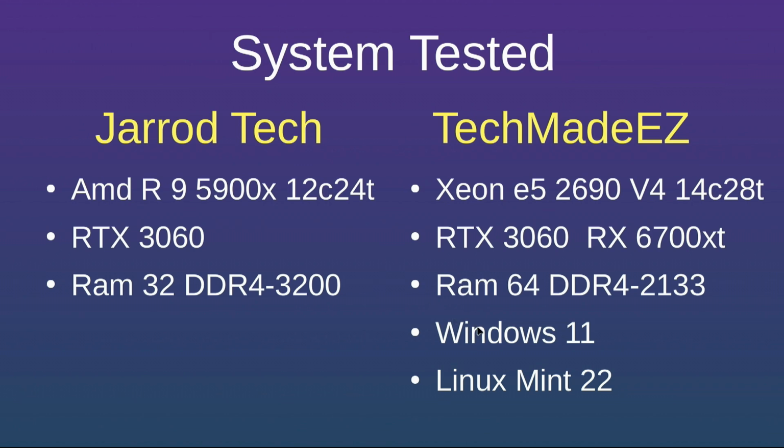But I'm running Windows 11 and Linux Mint on this machine. Just as a bench, we'll be comparing Jared Tech's results against my results in some of the games, so we can see what we're dealing with, even though I'm testing on a Xeon system.